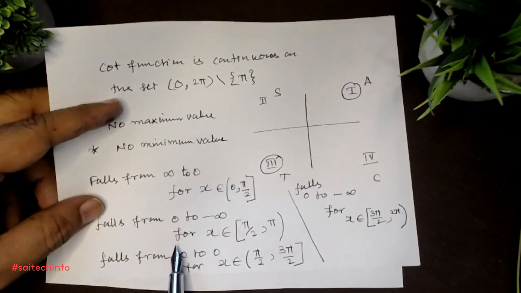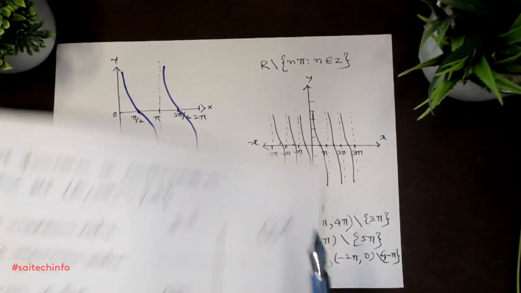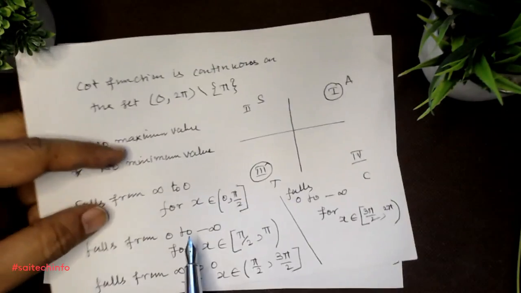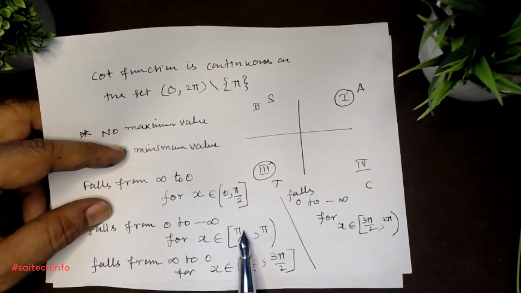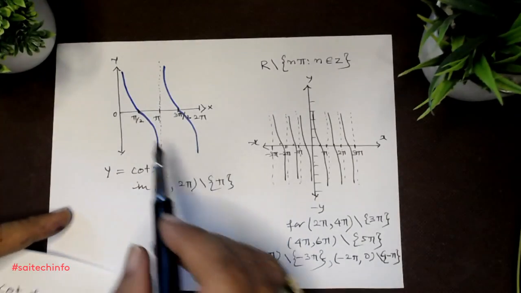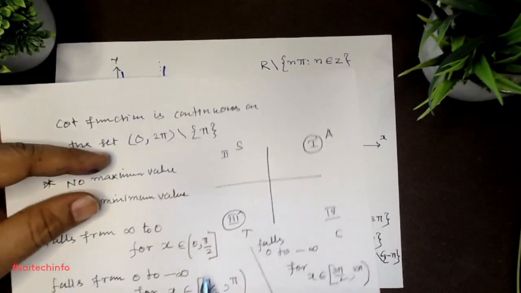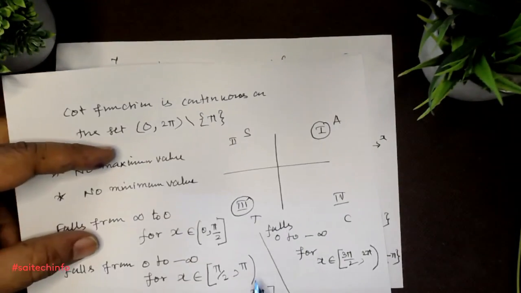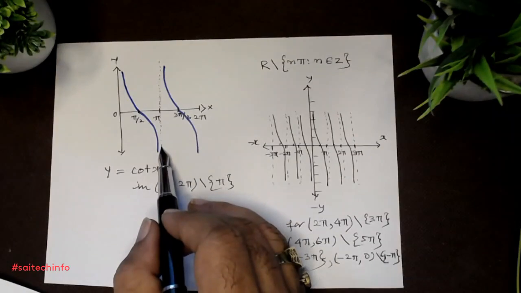It falls from 0 to minus infinity where x ranges from pi by 2 to pi. Here it is a closed interval, so I have shown this as closed, and here it is an open interval, so I have not touched any line, there is no intersection.